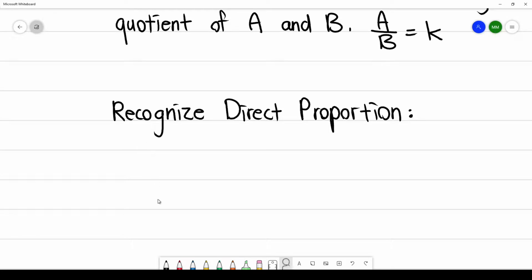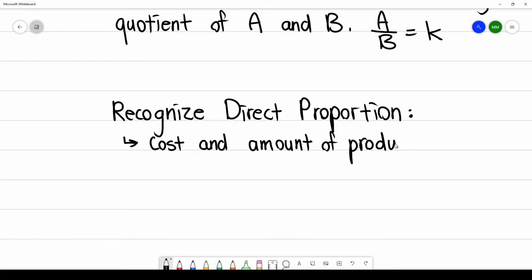Number one, cost and amount of product. Usually when you see something like the cost of apples, the cost of oranges, that's the amount of product. It's a good hint that this is a direct proportion question.